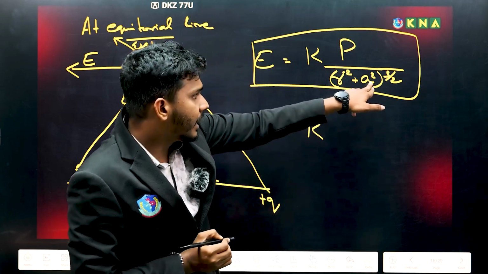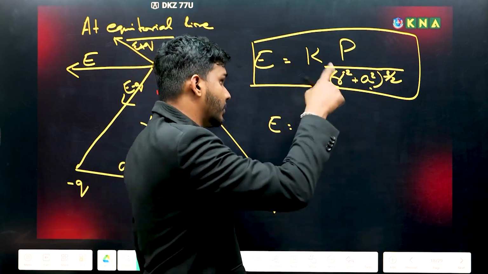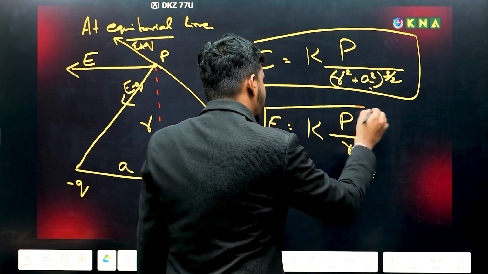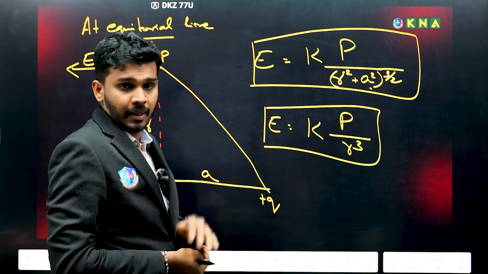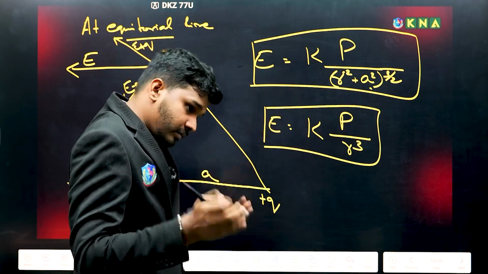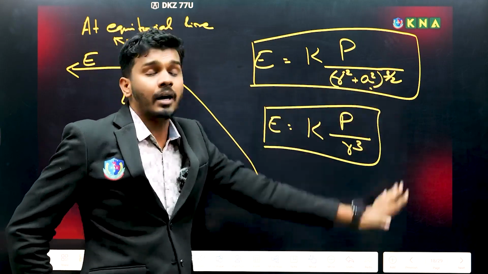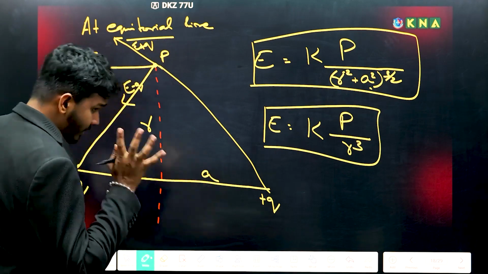So the electric field for a short dipole is 1 by 4 pi epsilon naught, that is K into P by R cube. The general equation for the equatorial line is K into P by (R square plus A square) the whole power 3 by 2. Okay, here is one more point.